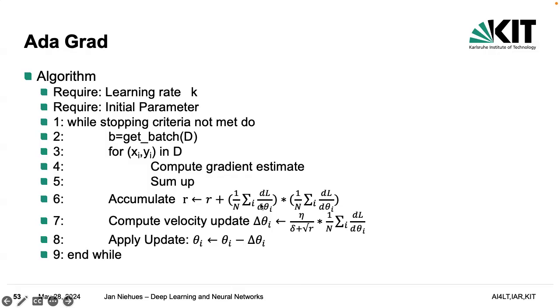This is then again a vector, not a single value. And then what you're doing as your update now is not updating everything the same, but scaling it down by the square root of this r. So if in the past there have been very large updates, then it might make sense to do smaller updates here. If there haven't been, then you don't do that.